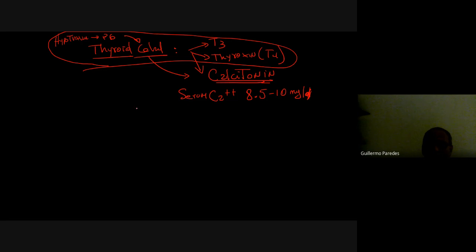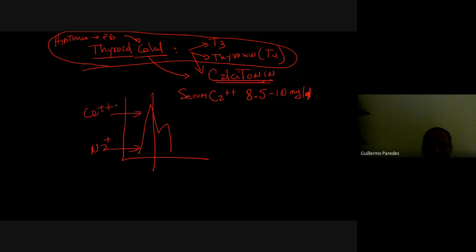And why do we need calcium? Remember this? That is what is happening in the contraction and relaxation of smooth muscle, striated muscle, cardiac muscle, and the electrical impulse of the nervous system.